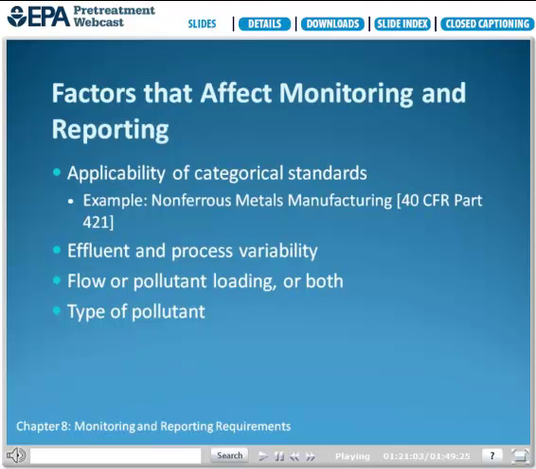The user should also be aware of how the discharger discharges. If it's a batch discharge, you'll want to have monitoring when that batch is actually occurring. Some POTWs require advance notice of infrequent batches so they can be sure to have the opportunity to monitor it during that time.